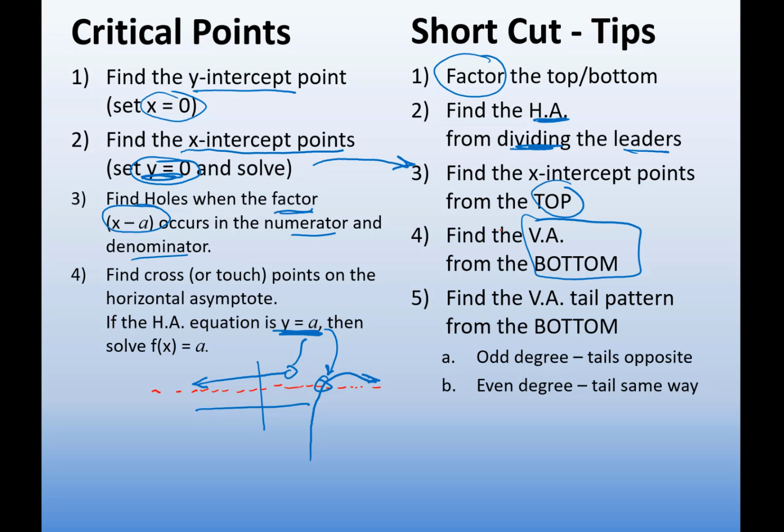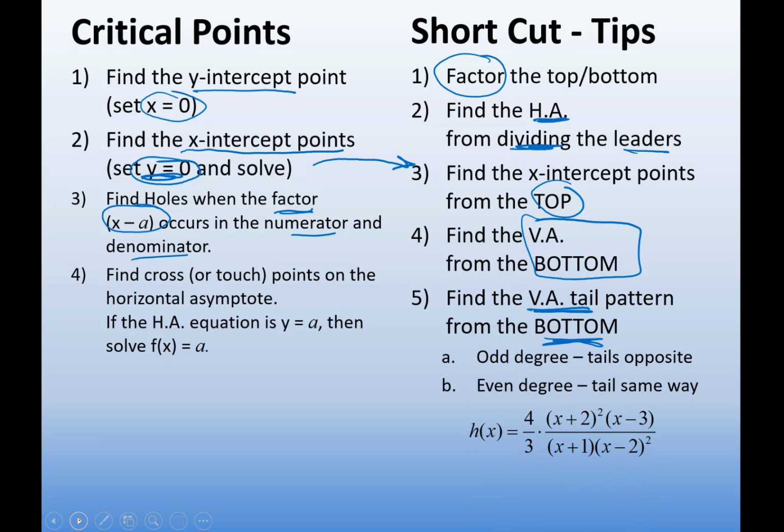Now, one more little detail. The tails on the vertical asymptotes. Vertical asymptotes involve the bottom, but there's a tail feature here that I want to briefly illustrate for you. Here's a rational function, and notice the bottom. So vertical asymptotes, the bottom, we're looking at this. Those linear factors on the bottom are going to tell us our asymptotes.